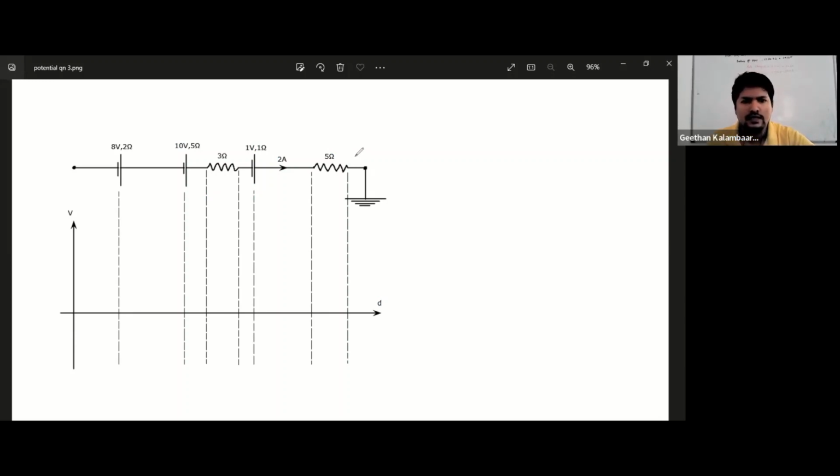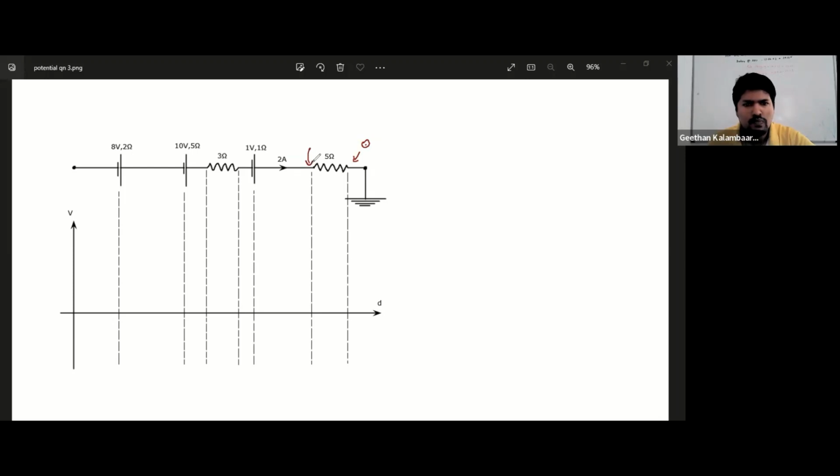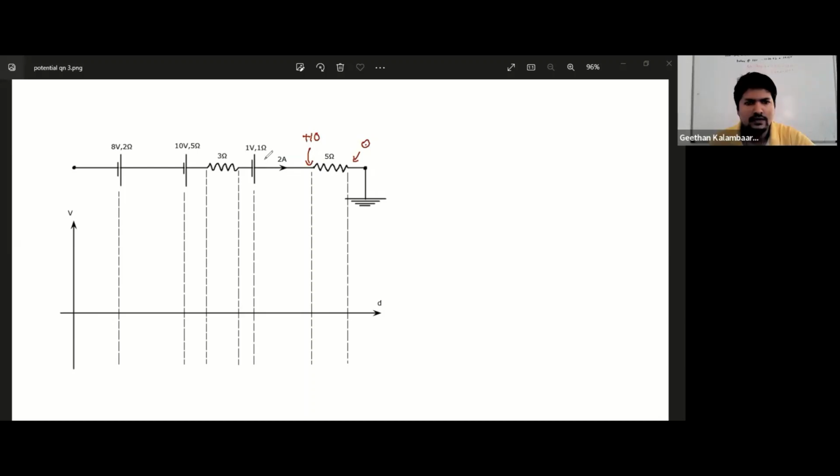So here it's 0 volts, and the current is 2 amperes. What is the potential here? Plus 10. And here also plus 10. So we can mark it like this: 0 constant here, increases to plus 10, and plus 10 retains.